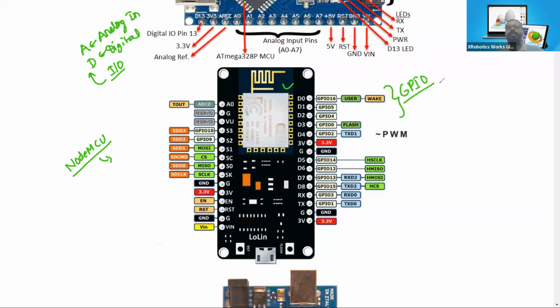So GPIO pins can be addressed using the numbers. Suppose if we have to address the D0 pin in our programming, what we will use? We will use the value 16 for this particular pin. So if we have to address the D2 pin, then what we will do? We will address it using the 04 or normally the 4 in our programming.